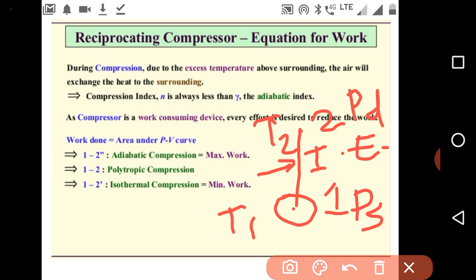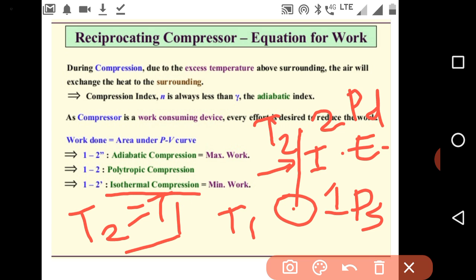As T1 and T2 are not equal, we cannot say that the compression occurring is isothermal. So when T2 is equal to T1, only then can we say that the compression may be isothermal.